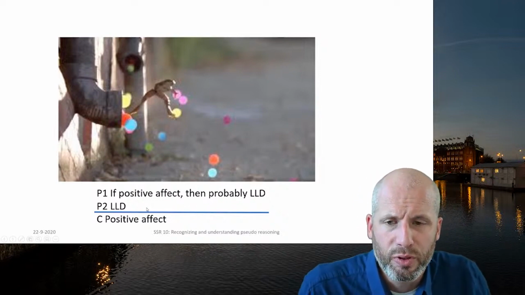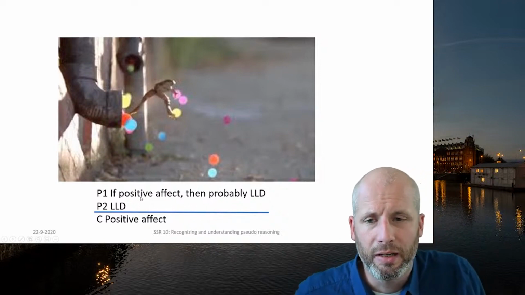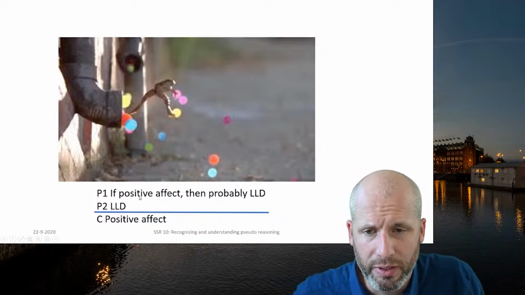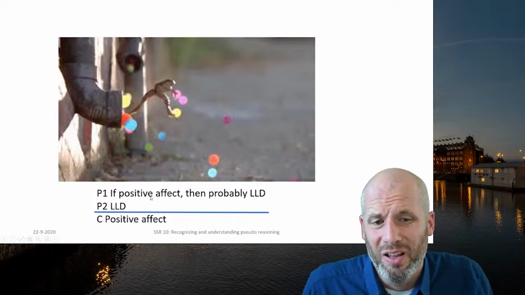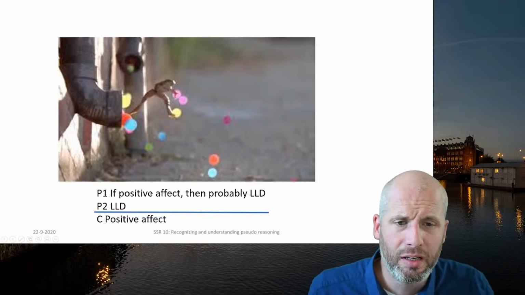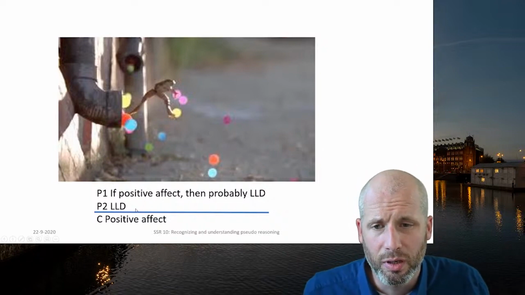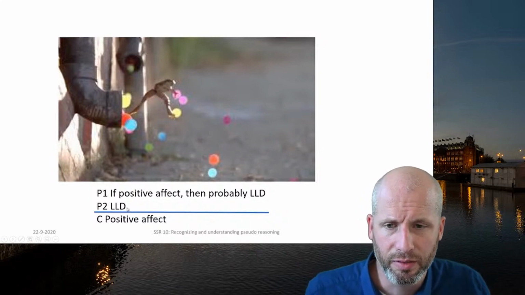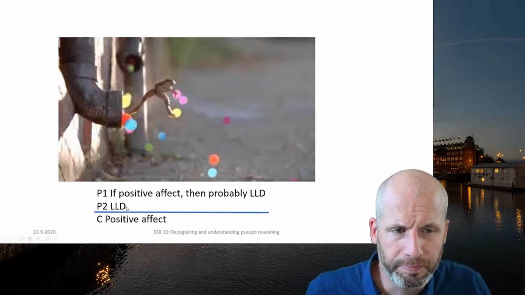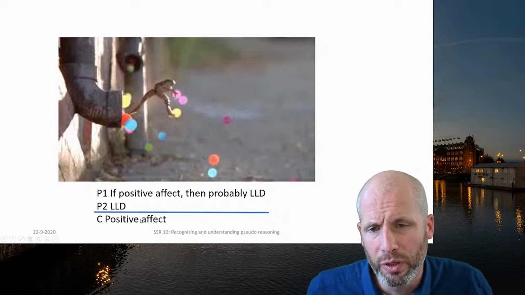So the fact that I observed this form of brain activity, does that mean that it's probably true that somebody experiences positive affect? No, not really, because again, we're inverting. What we need to know is the probability of positive affect given that form of brain activity, LLD. And we only have the inverse.